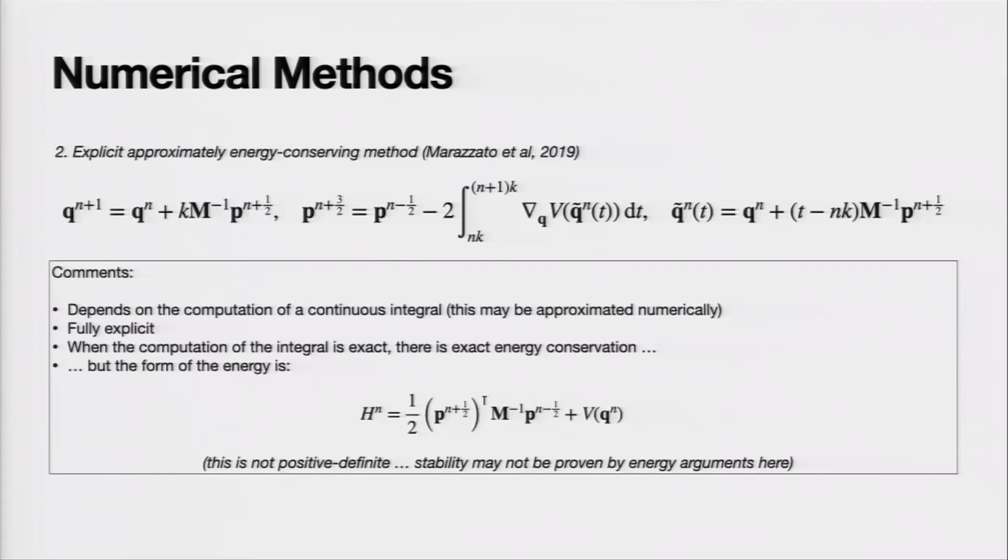And the one on the right is n minus 1/2. So it is true that this energy is an approximation to your continuous energy, but the kinetic energy is not positive definite anymore, meaning that despite the energy being conserved, you would not be able to use this form of the energy to prove the stability of your numerical scheme.